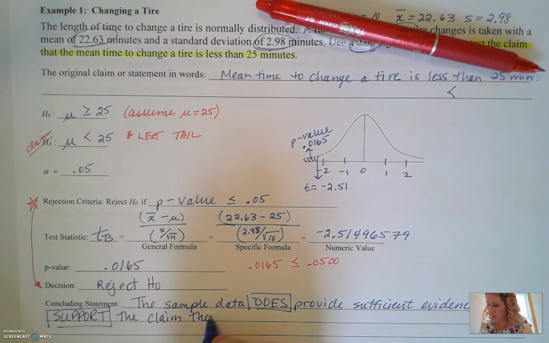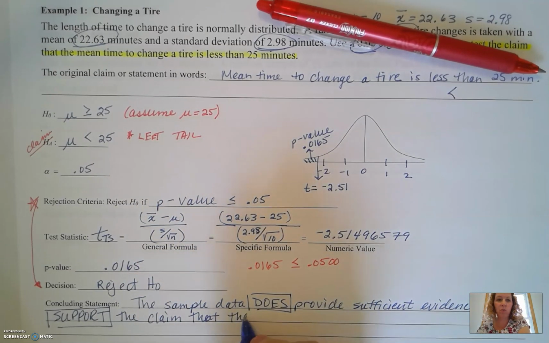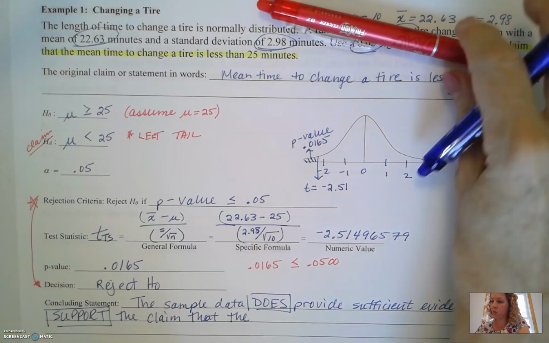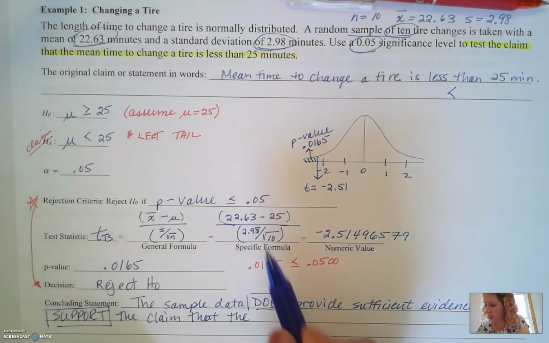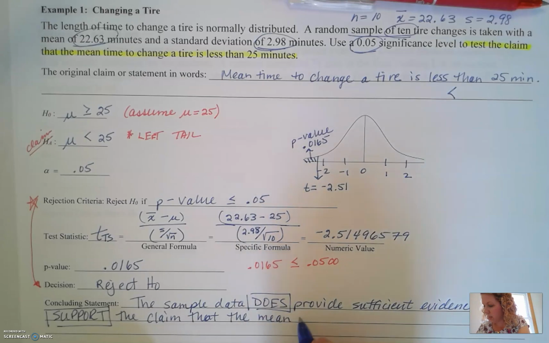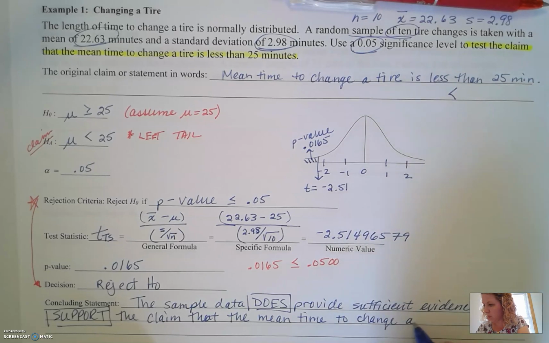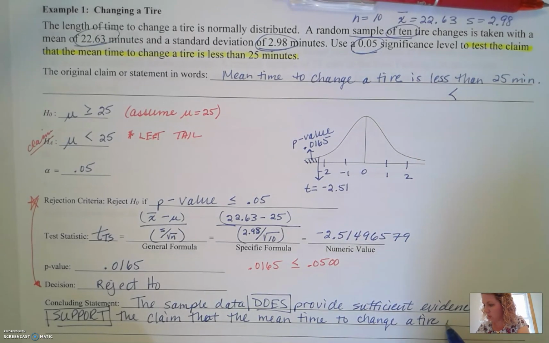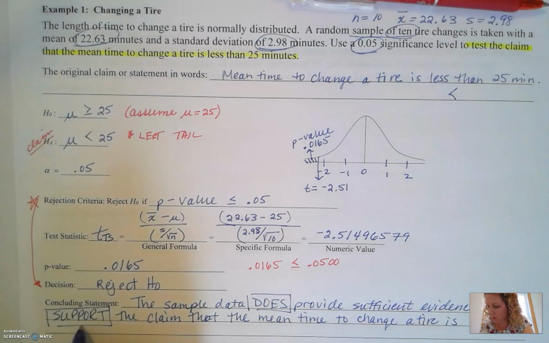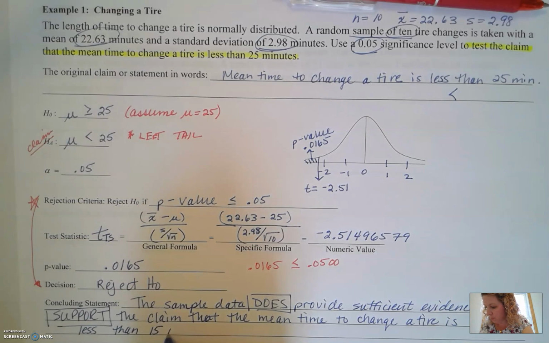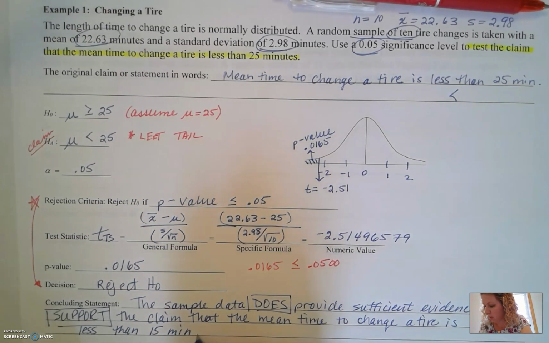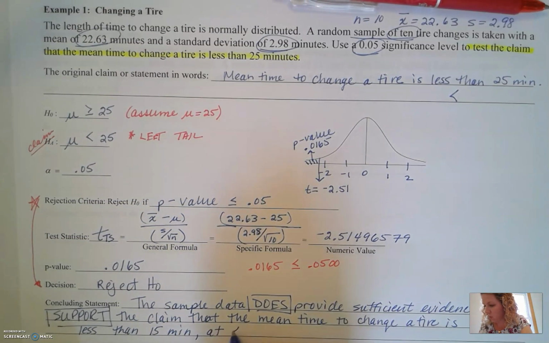that, and we're going to see what we highlighted up here, where we wrote down that the mean time to change a tire is less than 25 minutes, and we state the significance level at alpha equals 0.05.